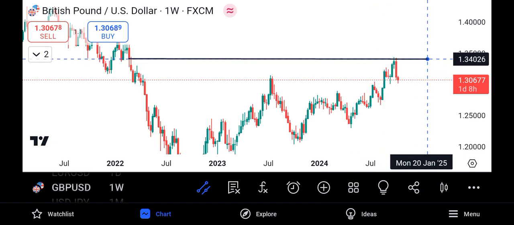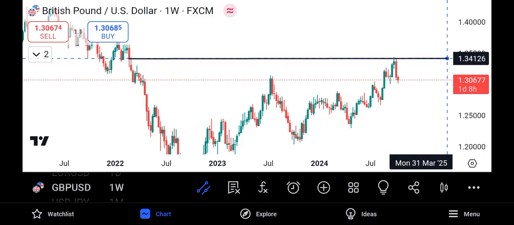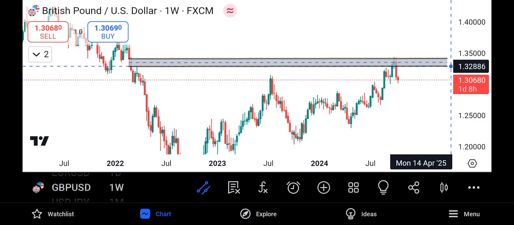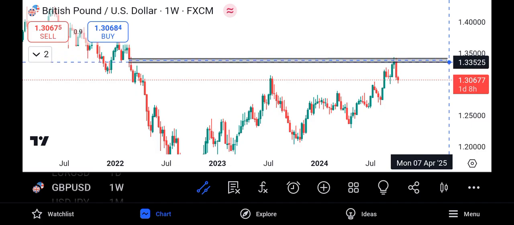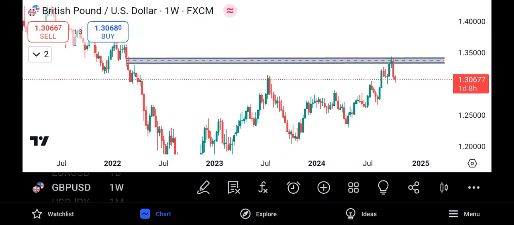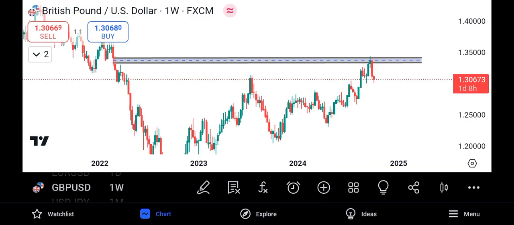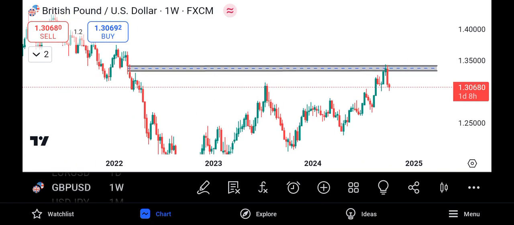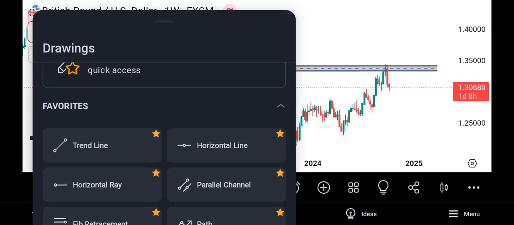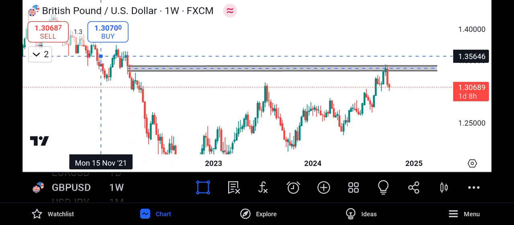When the market was approaching this point of interest, I said to myself that this is a very good point. I didn't even notice that there was an implied fair value gap there. All I was seeing on this weekly time frame was this mitigation block.